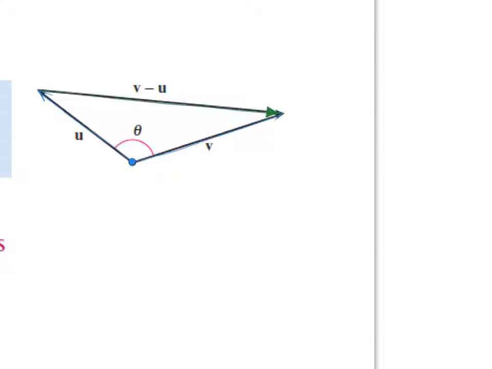Here's u. If I went from the end of v the opposite direction on u, so there's a minus u, then there we have it. There's v minus u. It's the same thing that you get up there.